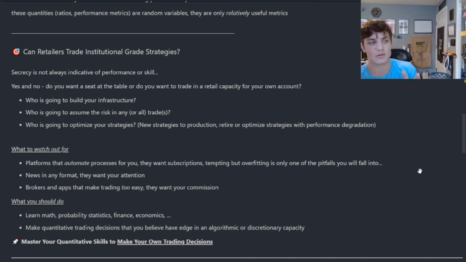But master your quantitative skills so you can make your own decisions, and you can understand that when people are selling you information in this capacity, it's largely meaningless. So just be careful when you're dealing with these platforms that automate things, news, brokers, whatever it is, and focus on mastering your quantitative skills, mastering your understanding of the market so you can make your own decisions.